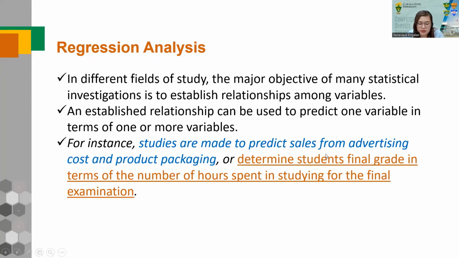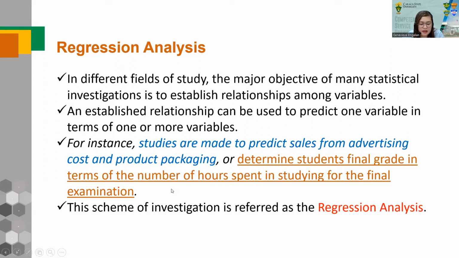Pwede pod kining another example is predicting the sales from advertising cost and product packaging. So naa ay relationship sa advertising cost ug sa product packaging. Okay, so this scheme of investigation is referred to as the regression analysis.